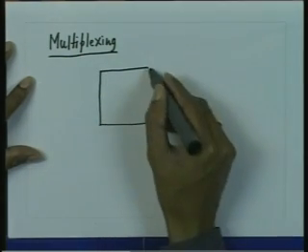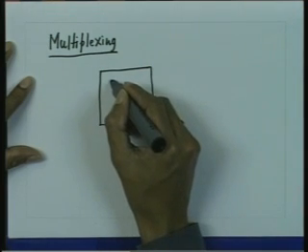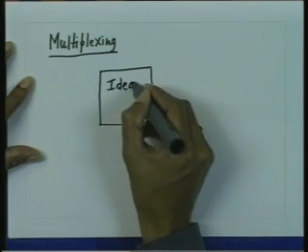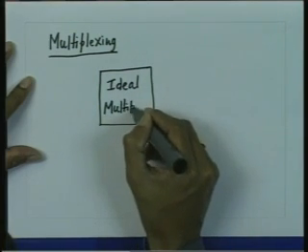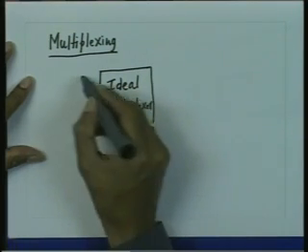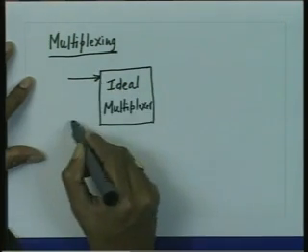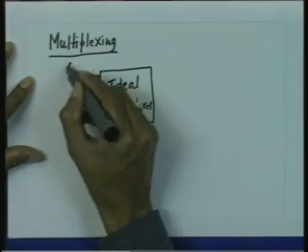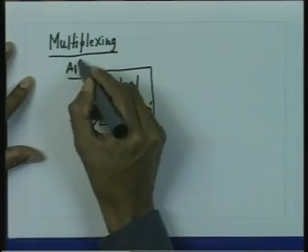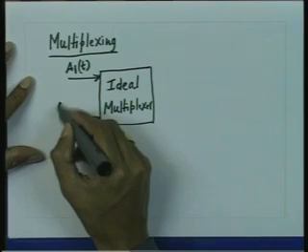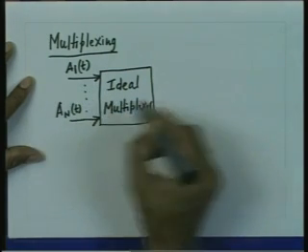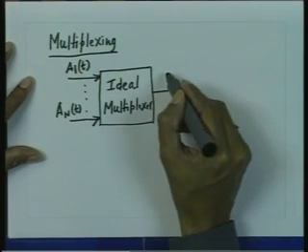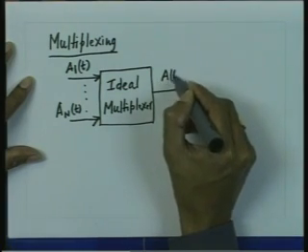This is an ideal multiplexer. The input traffics are represented by A1(t), A2(t), and so on till AN(t), and the output is A(t).